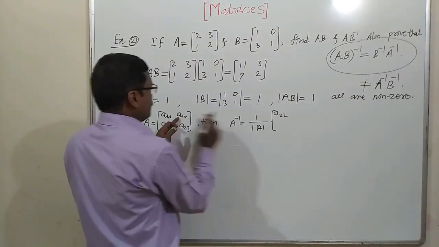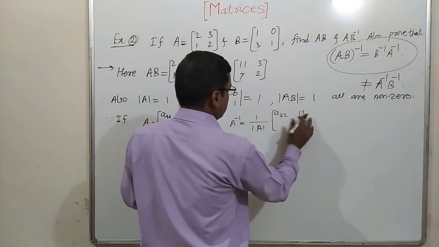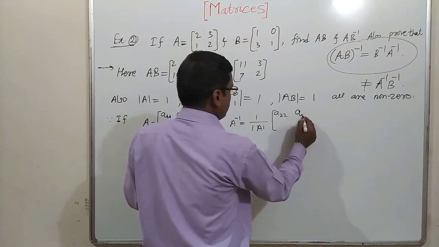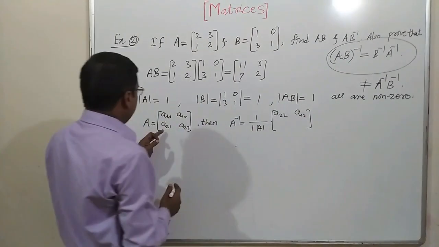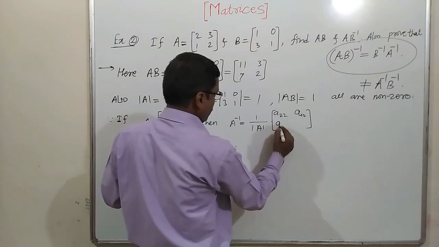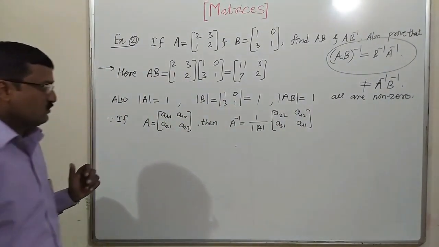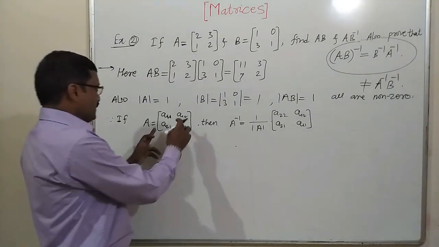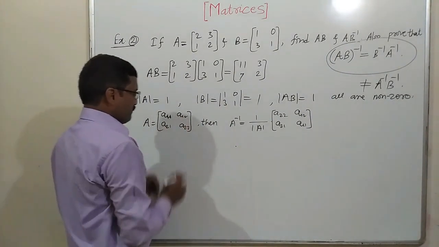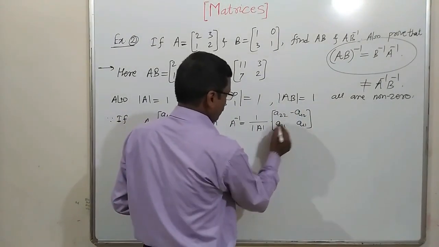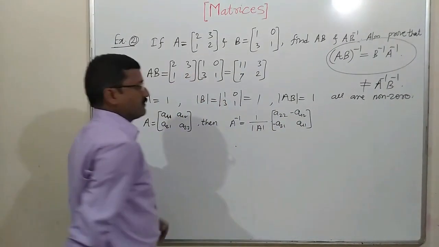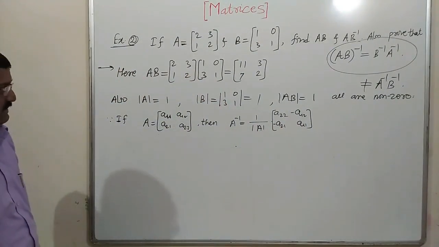So A22, A12, A21, A11. Okay, and what to do once again? Change the signs of these 2 elements. It will give us the adjoint of A.